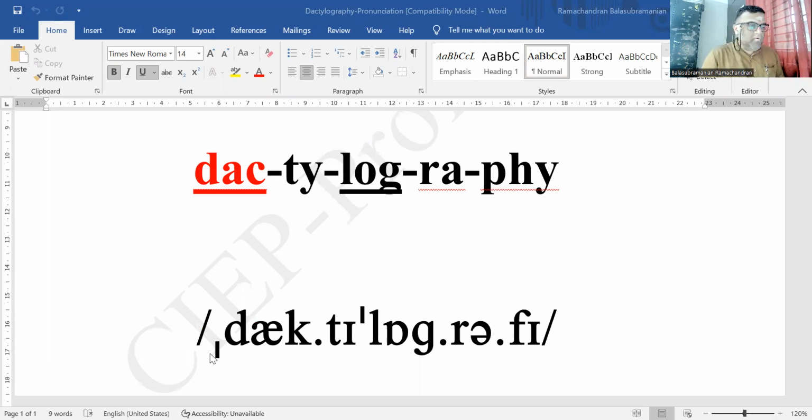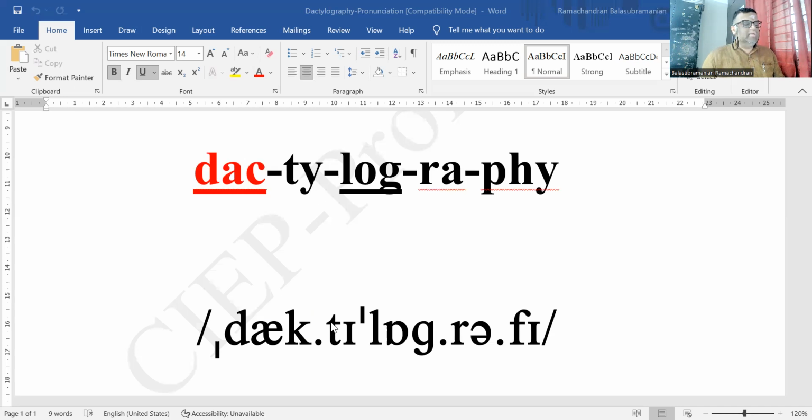Now, if you notice, surprisingly, the number of letters in a syllable and the number of sounds in the syllable are almost the same. In fact, except for phi, look at this. We have DAC here, CVC. So C is consonant, vowel, consonant.